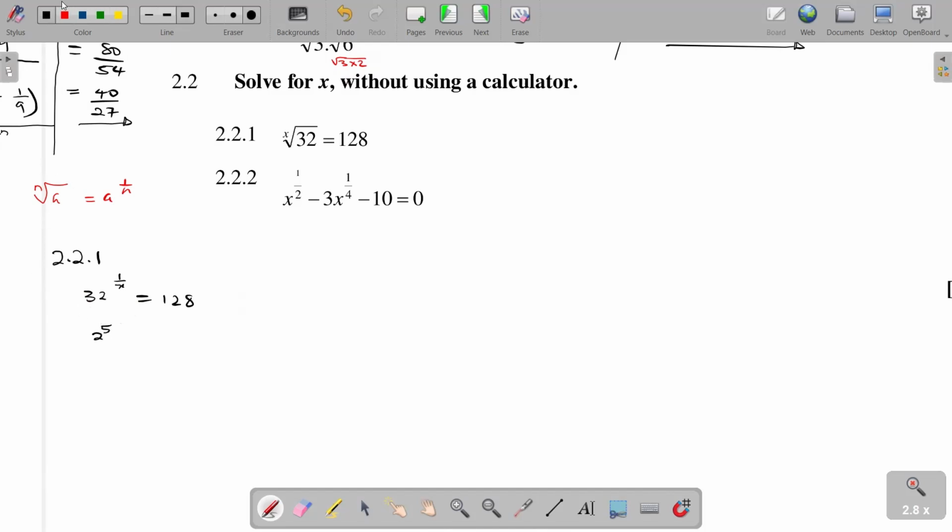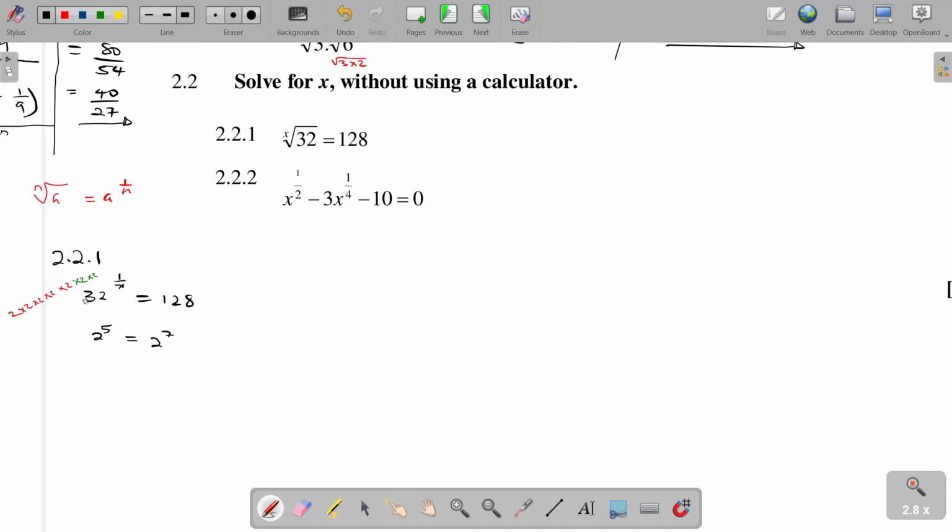If we check, 2 times 2 is 4, times 2 is 8, times 2 is 16, times 2 is 32. Then adding another times 2 gives 64, and another times 2 gives 128. This will be equal to 2 to the power 7 on the other side.